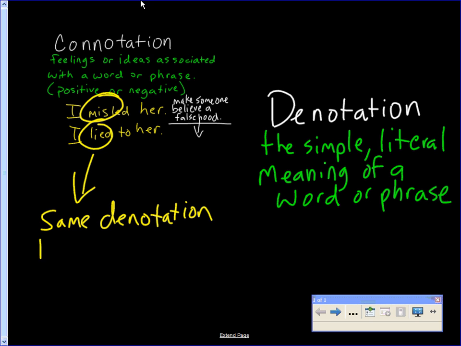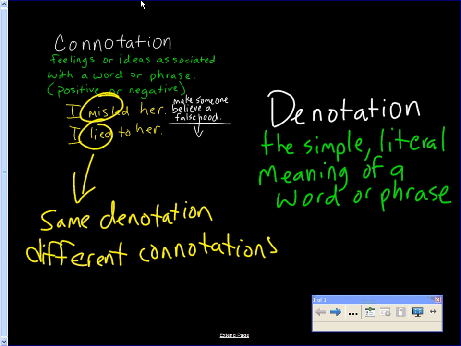You got it. They have the same denotations, the same meaning, but they have different connotations. We personally react with different feelings to those different phrases or words. Words have emotion to them. They have a charge. They are positive or negative.